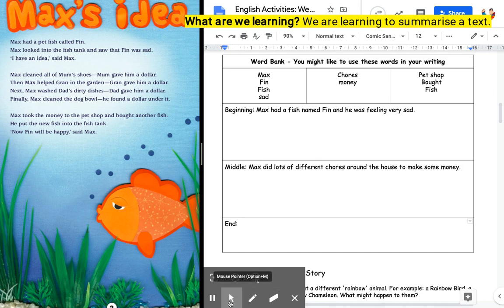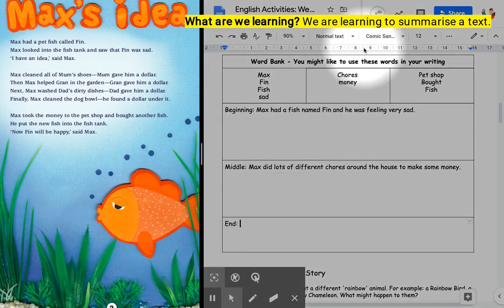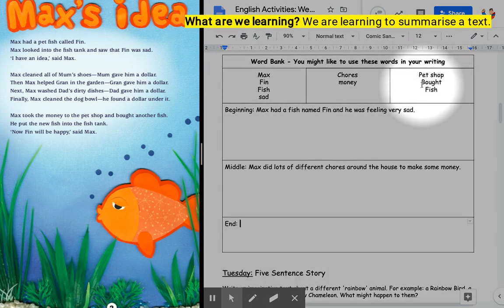Then our last, but not least, ending of our story. So we have our keywords here: pet shop, bought, and fish. Then Max went to a pet shop and bought a new fish for Finn to play with.